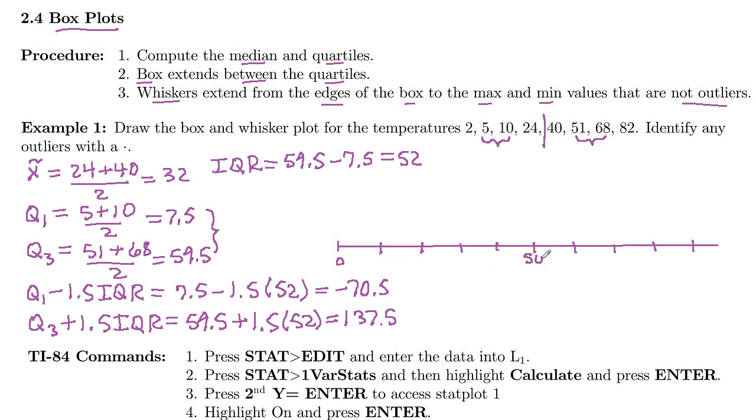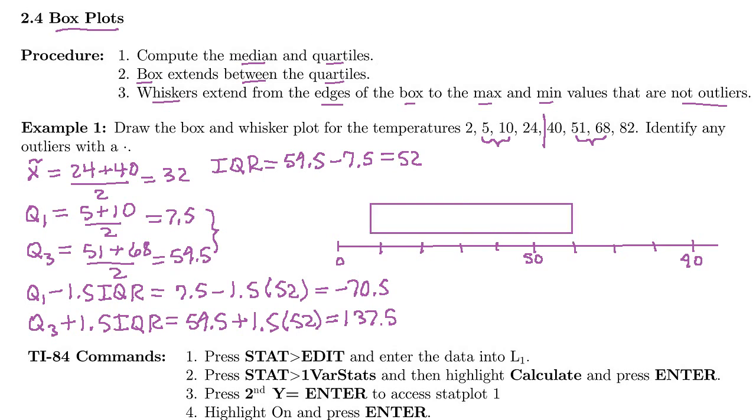So scaled off in tens here. So we are going to draw our box. Our box is going to go from 7.5 to 59.5. So 7.5, this is 10. So 7.5 would start about right here. And it's going to go up to 59.5 and end at just shy of 60 right there.